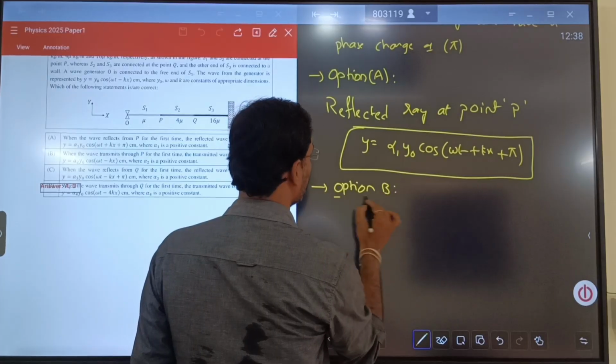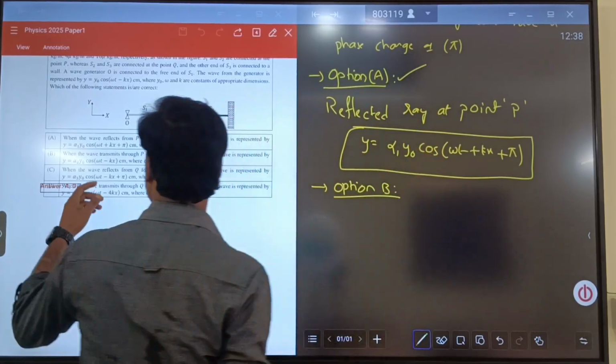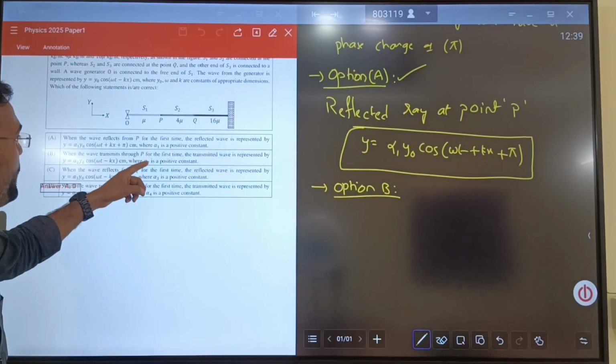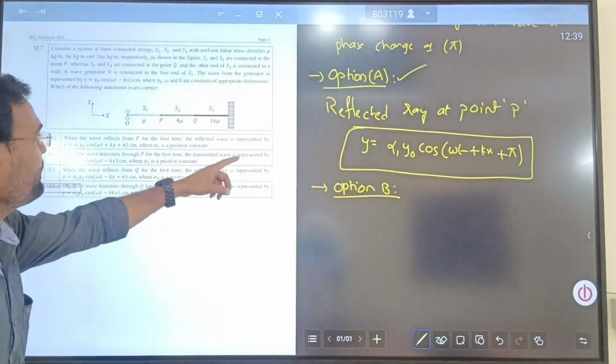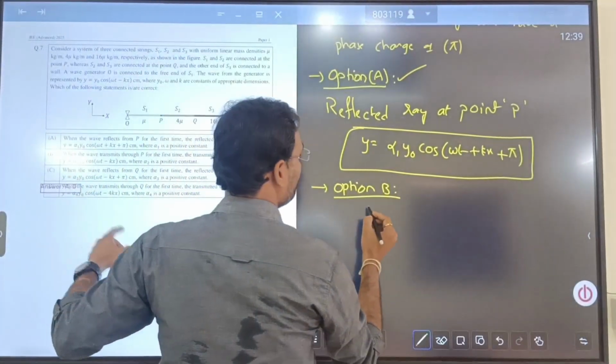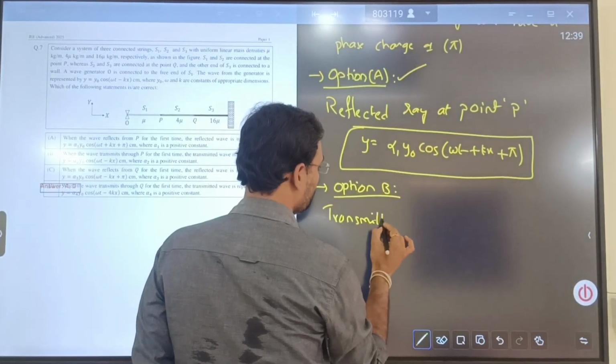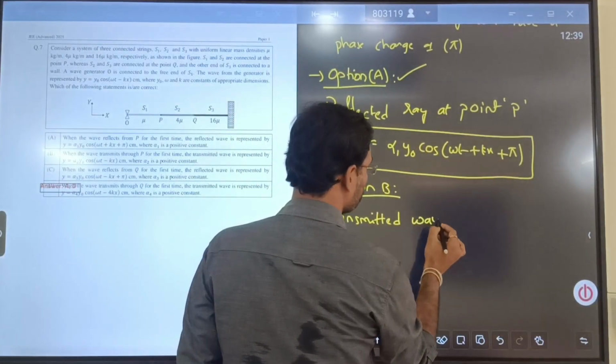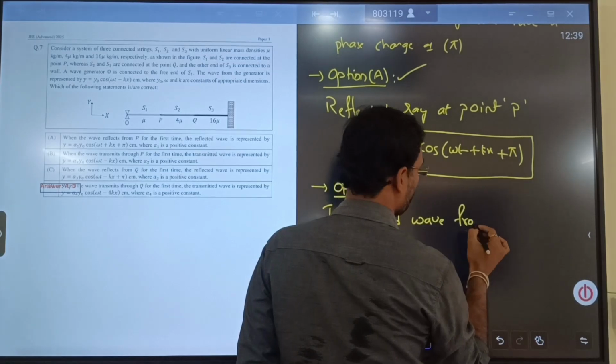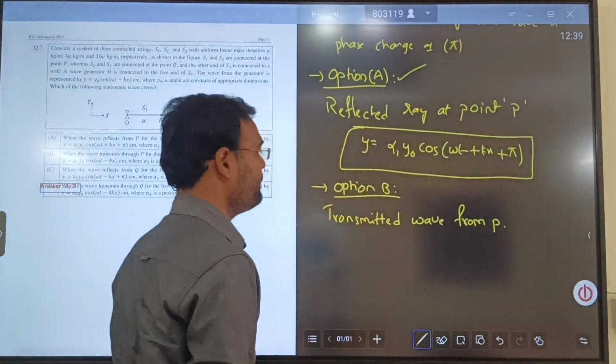In option B, when the wave transmits through P for the first time, the transmitted wave is represented by... how to represent the transmitted wave from P, beta?